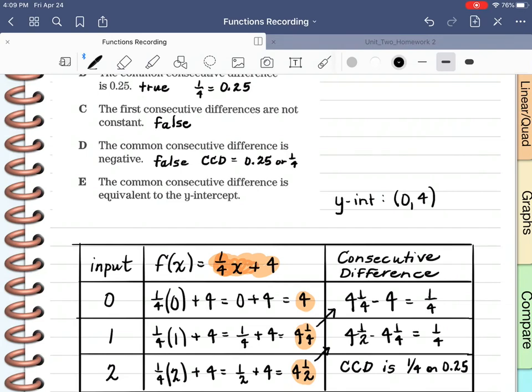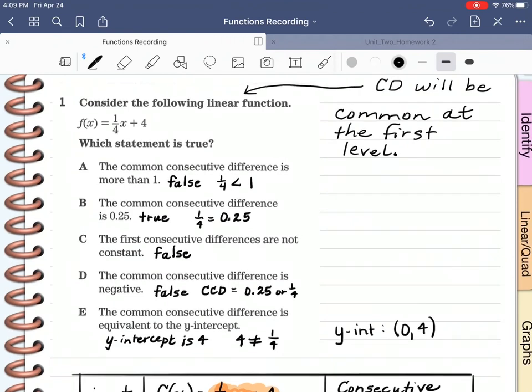But what they're saying is the y-intercept is 4. That's where it crosses y. And 4 is not the same thing as 1/4. Those are two entirely different numbers. So the answer that you want on this problem is B. The common consecutive difference is 1/4.